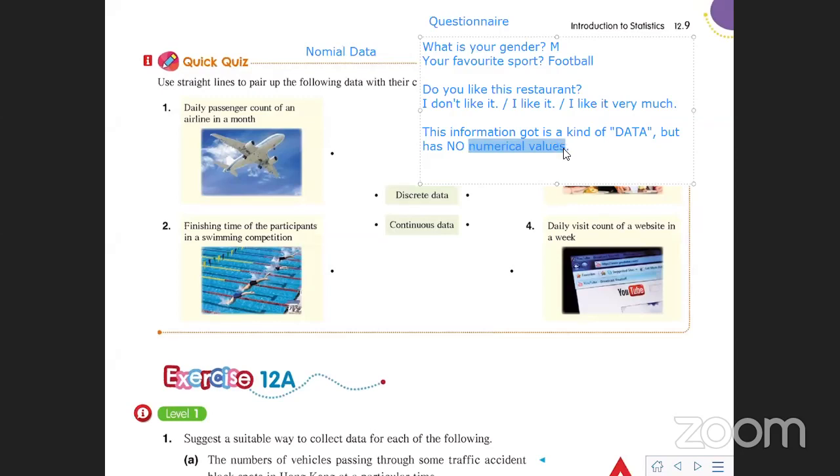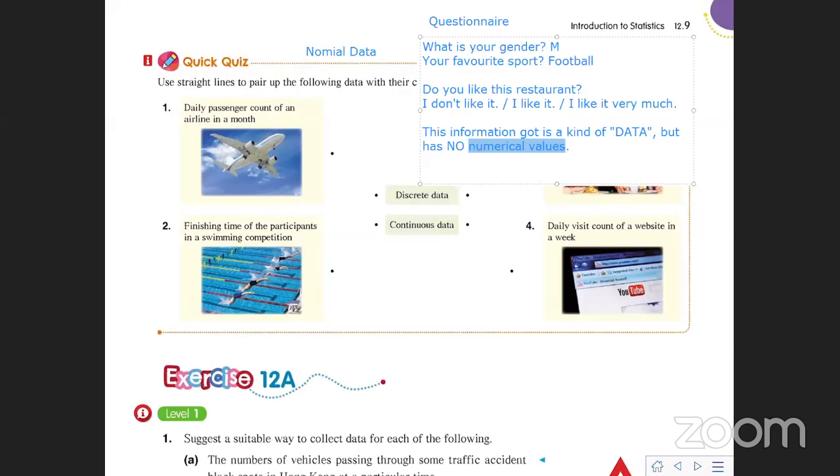Numerical value means you can say that whether it is 4 or 5 or 6.7, 10.1, -2, these are numerical values. Then in this case, football is not a number, has no numerical values.